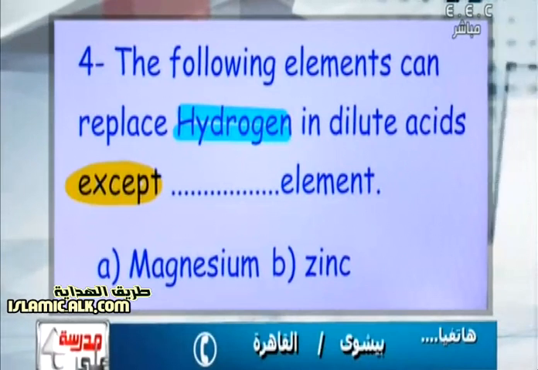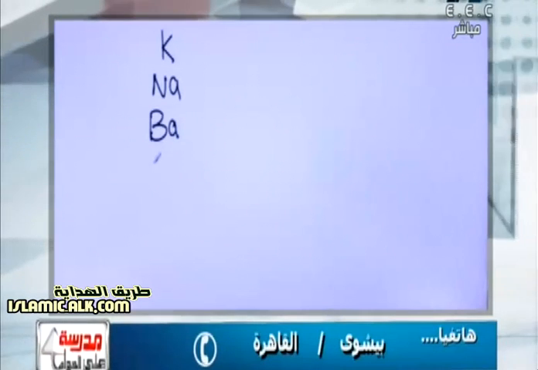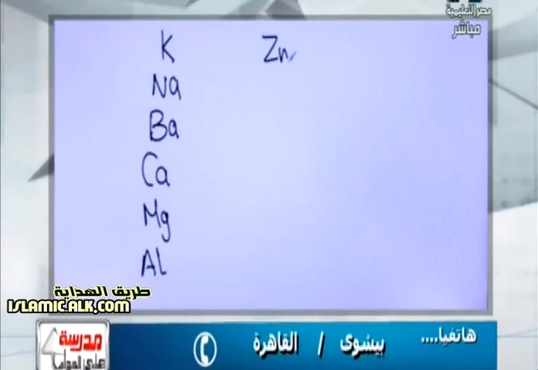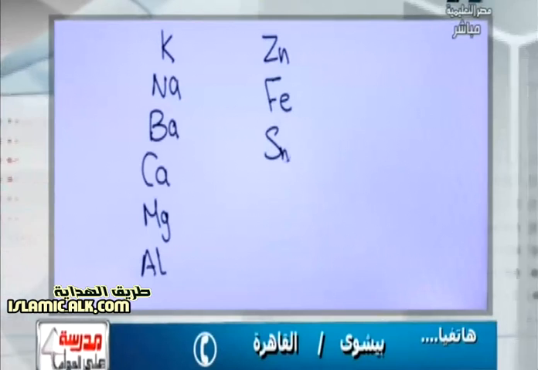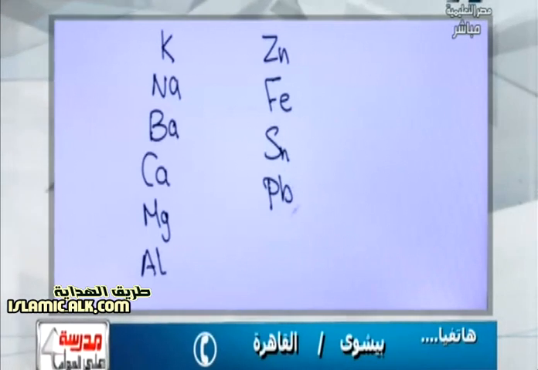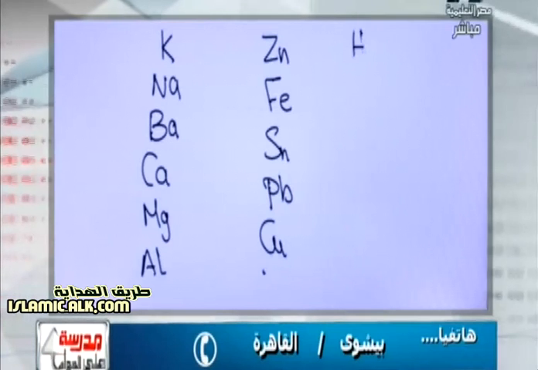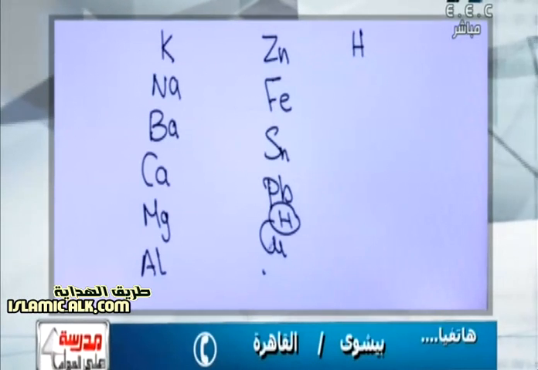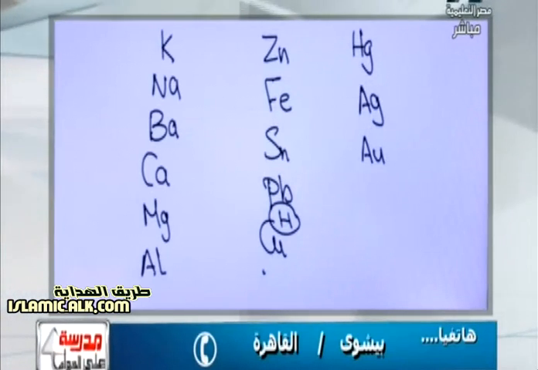So we should remember the chemical activity series: K, Na, Ba, Ca, Mg, Al, Zn, Fe, Sn which is tin, Pb lead, Cu copper, H hydrogen, Hg, Ag, Au. So here we should remember the chemical activity series.